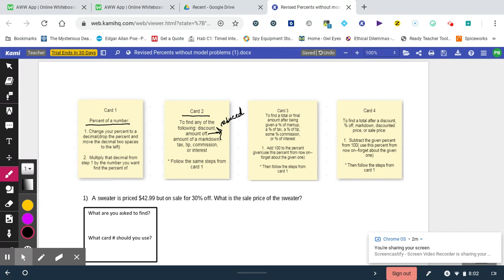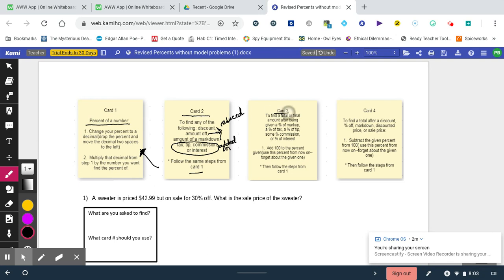If you see tax, tip, commission, or interest, any of these will indicate that something has been added on. Okay? So if you're looking for some reduction or some add-on amount, then you're just going to follow the steps from card 1. You do the same thing we did over here. That's it.